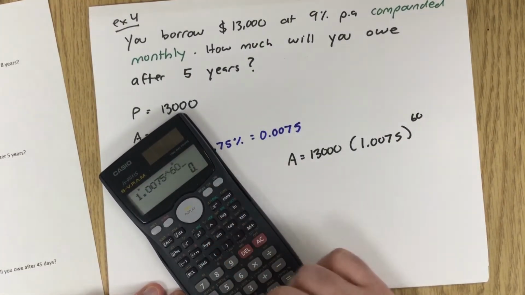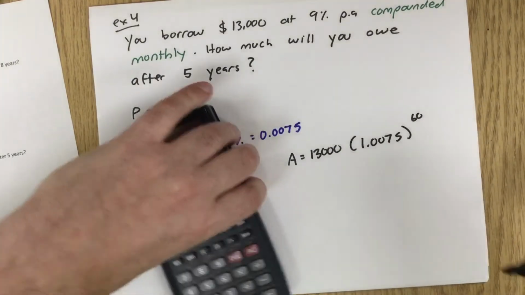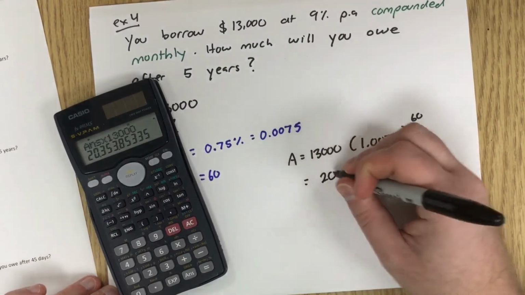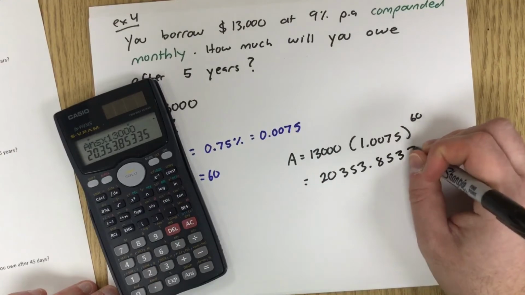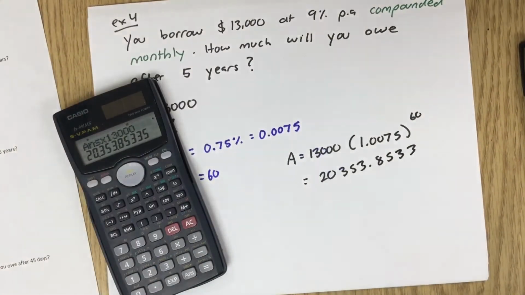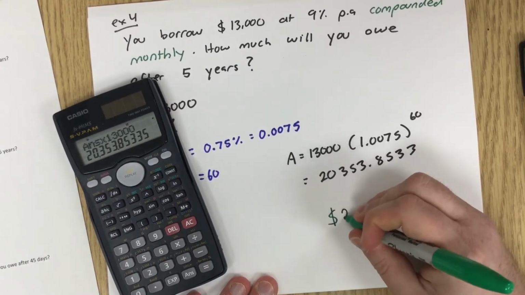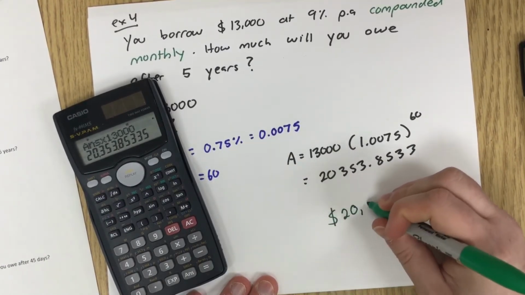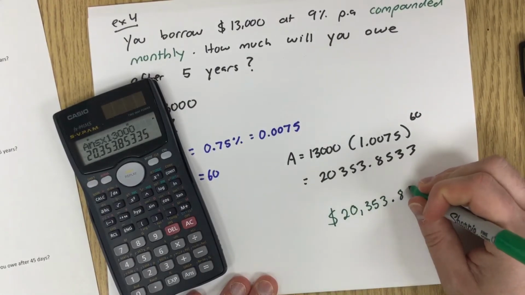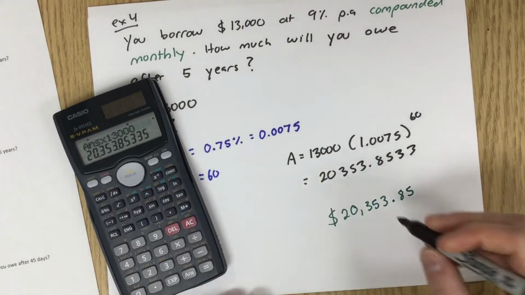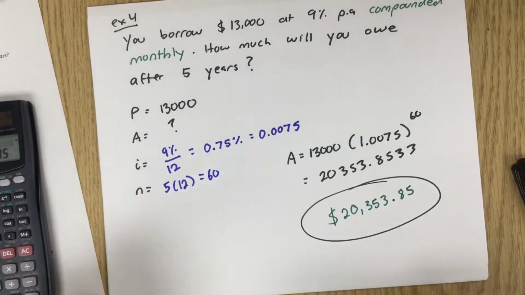And that's going to be 20353.8533, which rounded to the nearest penny, and prettify it a little, is going to be $20,353.85. So that's how much we're going to owe.